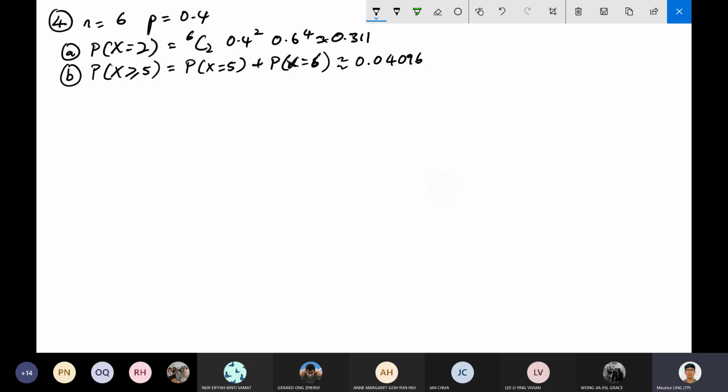So this means 0.04096 is the chance that there are at least 5 fruit cakes out of 6.